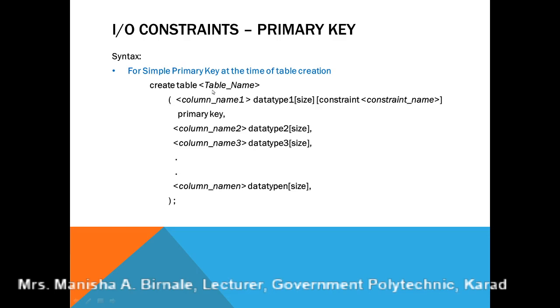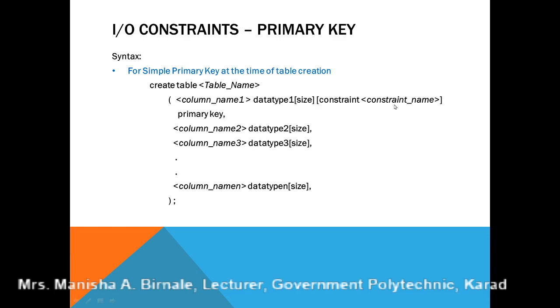Create table. After that you have to specify table name. And in round brackets you have to specify column name, data type. Now suppose column name 1 will work as a primary key. Then you have to write column name 1, then its data type 1, then constraint name. After that you have to write keyword primary key.